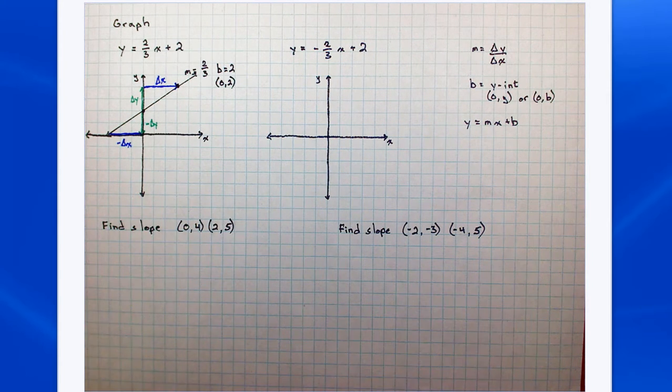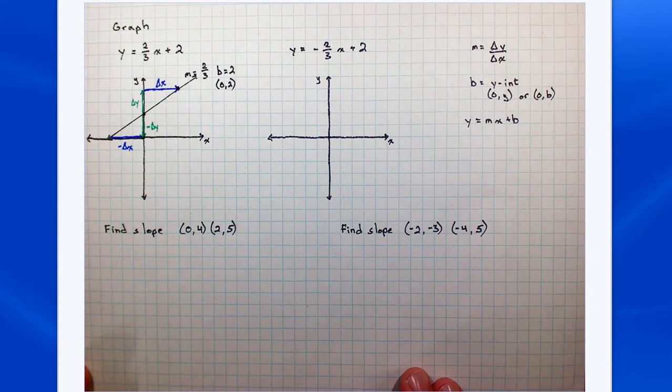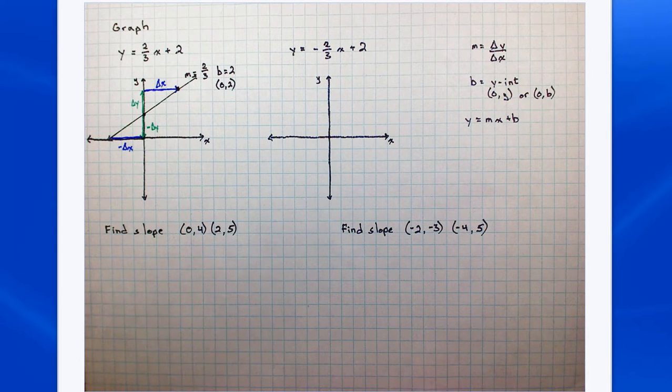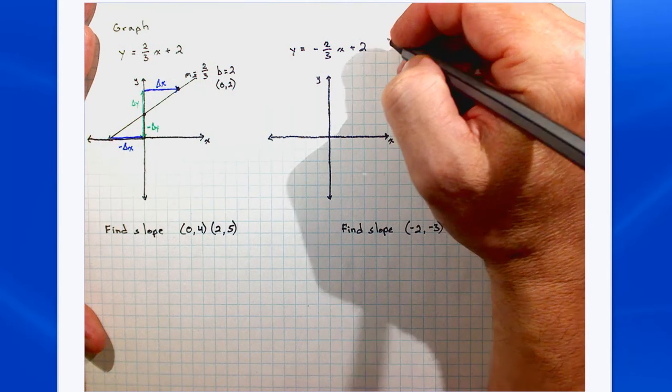Alright, so now I've given a negative slope. Pause the video if you would like. Take a look at it and see if you can figure it out before we work it. Okay, so identify your slope.